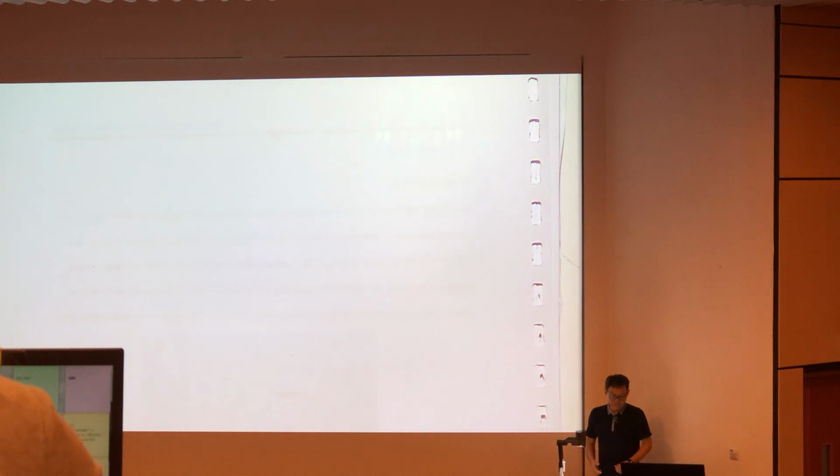First of all, for this family matrix, the first part is its dimension.